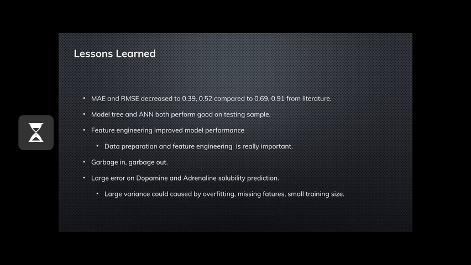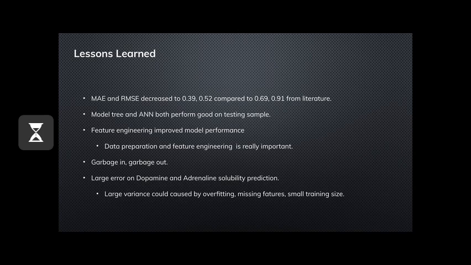The third thing is feature engineering improved the model performance a bit. If you take a look at my R notebook, the data set with engineered features has a better performance, maybe 10% improvement, than the data set without these three features.